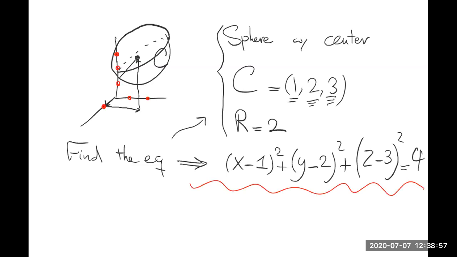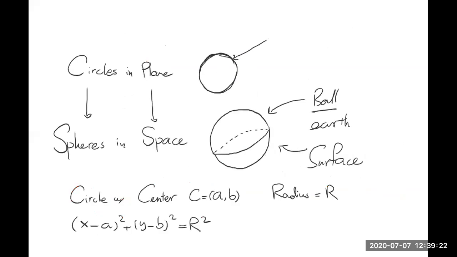Is there any question on how we should write the equation of a circle and sphere? Okay, so let's go back. Where does the equation of a circle come from?